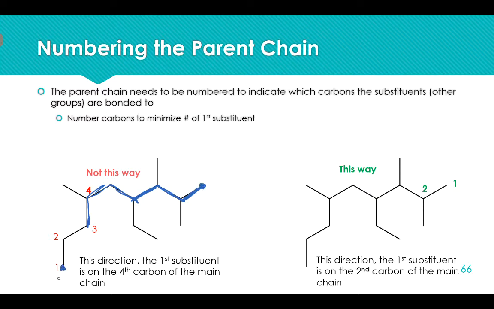And so if we numbered from this direction, our first substituent would be off of the 4th carbon. But by convention, we always start where that first substituent's number is minimized. And so it's better to number from this way. So that first substituent is off of the 2nd carbon instead. And so this carbon will be carbon number 1, and this carbon will be carbon number 2.